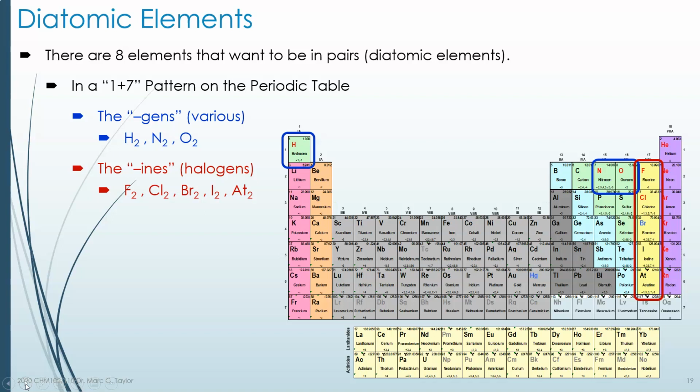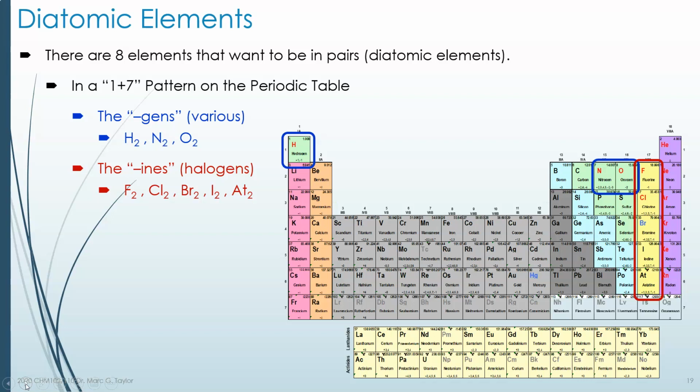So they would be fluorine, chlorine, bromine, iodine, and astatine. And those are the 5 halogens, and every one of these 8 molecules, when they're naturally found, appear as diatomic molecules, molecules with 2 atoms of the same atom.